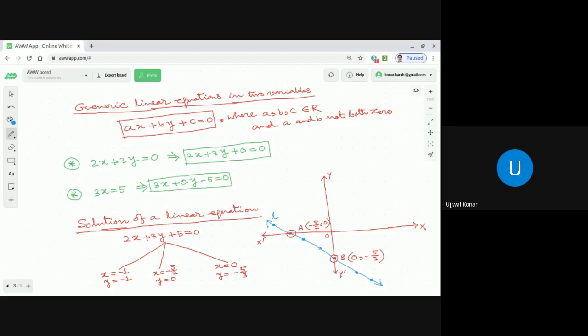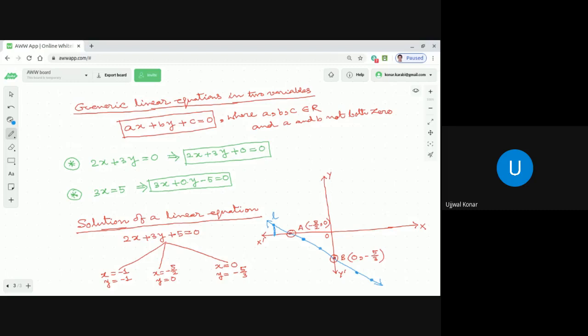So, as we discussed a few minutes back, if only one linear equation in two variables is given to you, you can find an infinite number of solutions. This is the way you can find them. If you want to find a particular one, not a big deal. You can draw a perpendicular from this point, find the distance from the origin, that will be the value of x, and the other distance is the value of y.